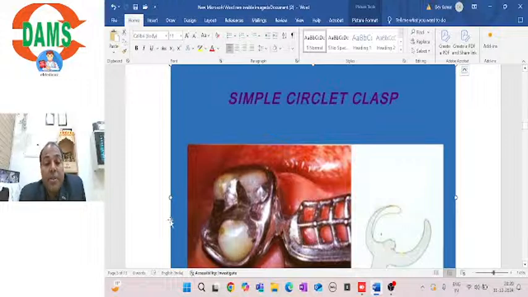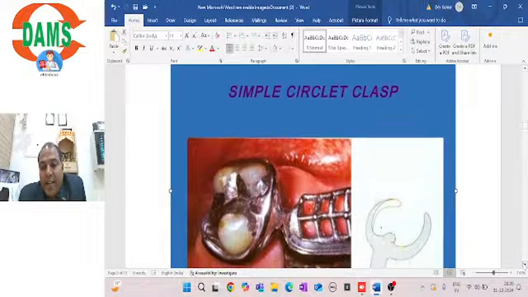So this is a simple circlet clasp. Remember this, the simple circlet clasp is mainly indicated in Kennedy's class 3. It goes into the undercut that is away from the edentulous area, that is known as the far zone. So it is simple circlet indicated in Kennedy's class 3.